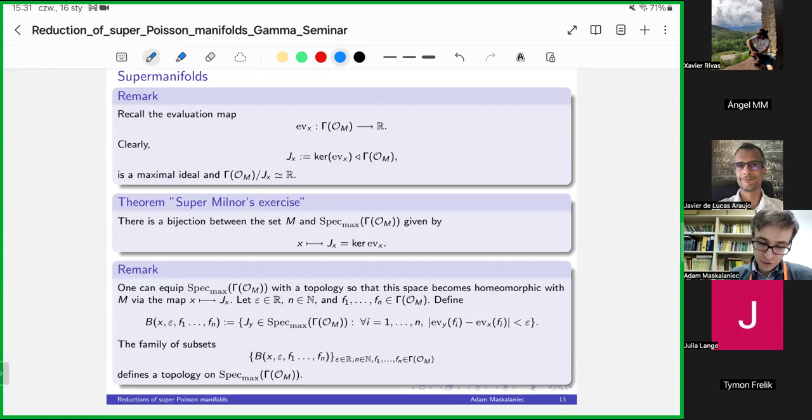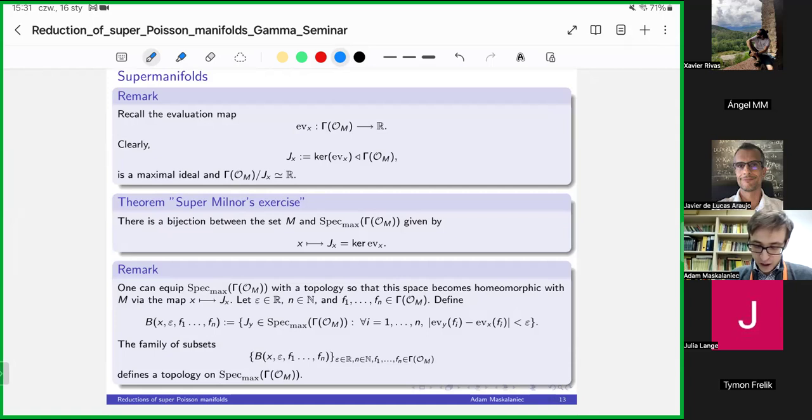And it turns out that on supermanifolds, we may partially recover the results of Milnor's exercise. Again, we may consider the evaluation maps and the kernels of evaluation maps at all points of the underlying topological space M. Then we obtain a set of maximal ideals, and there is a bijection between the underlying topological space M and the maximal spectrum of the superring of global sections.